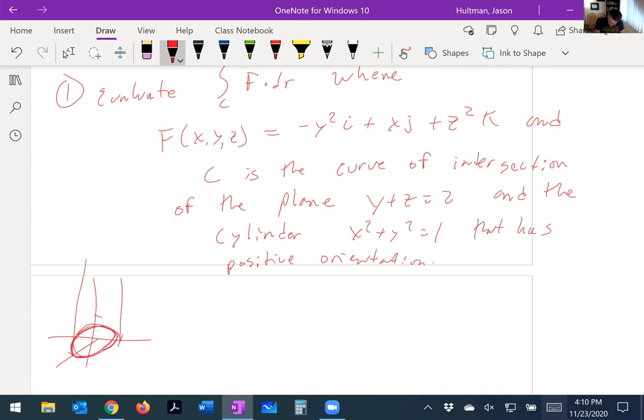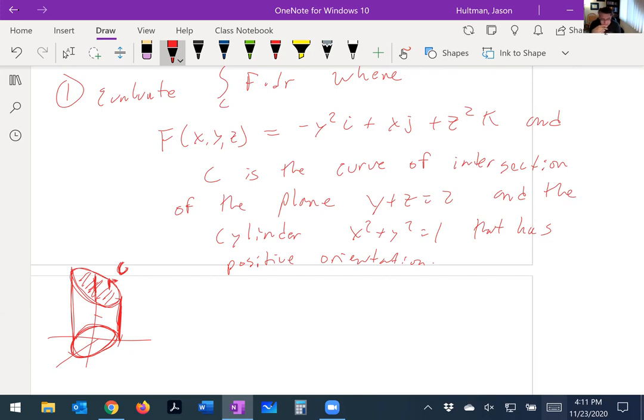We're going to go up, and then we're going to intersect it with a plane. So this plane is going to intersect this thing, and we're going to say this thing is positively oriented, which means C goes around counterclockwise. And we have this surface here.